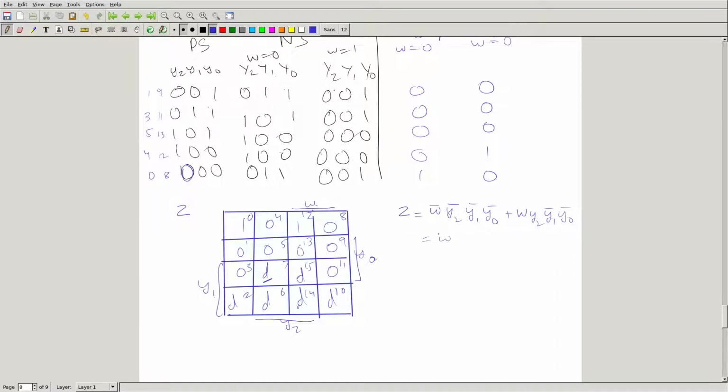And you can also take out stuff common like this, and then you can say this is sort of something.